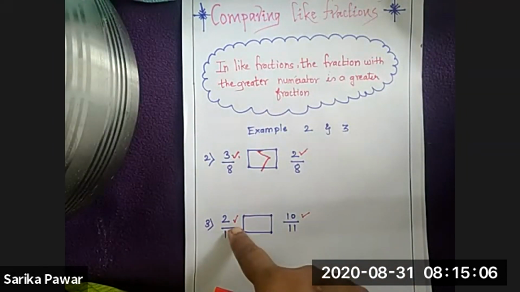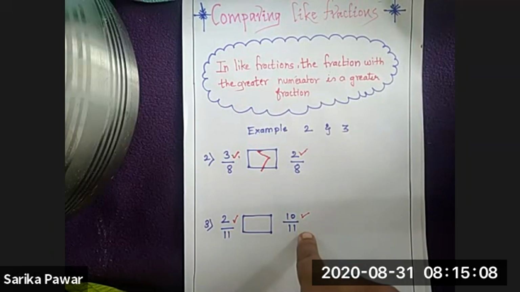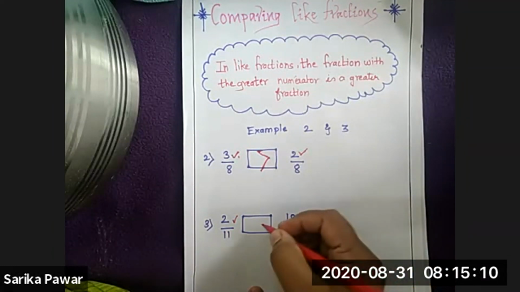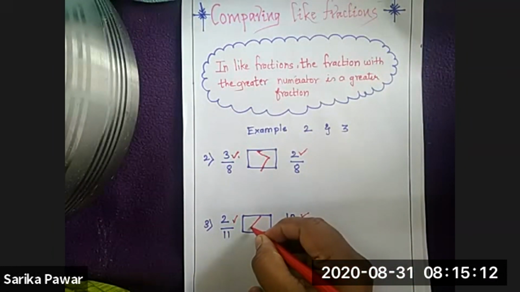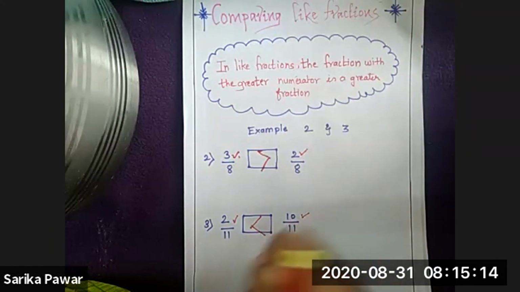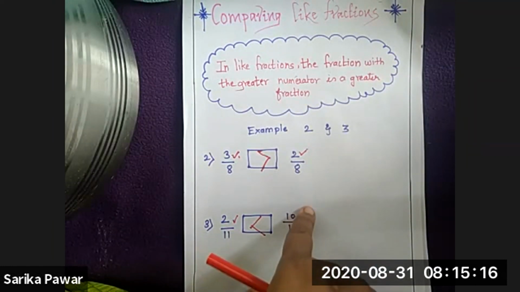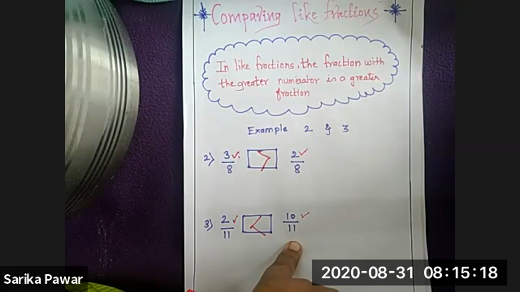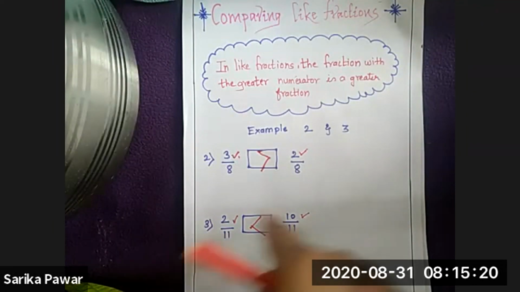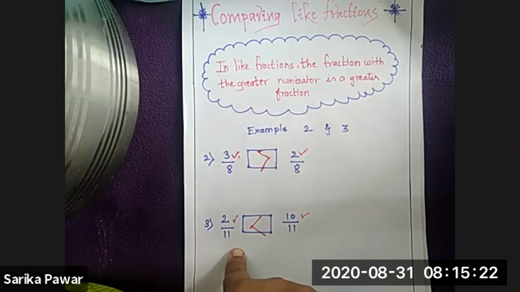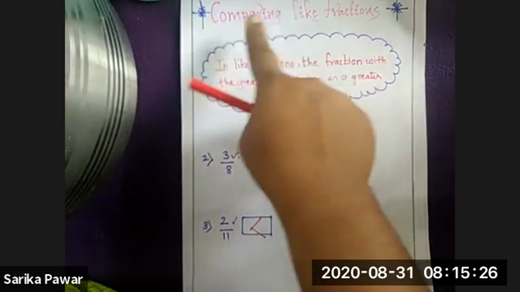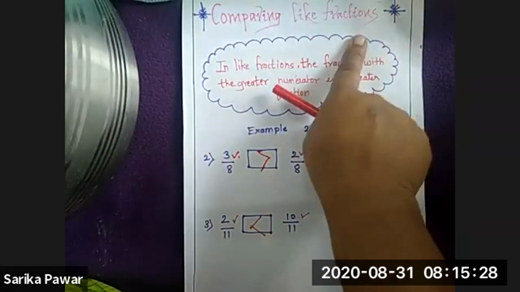Yes, 2 is the smaller and 10 is the greater. So of course 10 is greater than 2. So of course 10 upon 11 fraction is greater than 2 upon 11. Isn't it? This is the rule number 1, comparing like fractions.